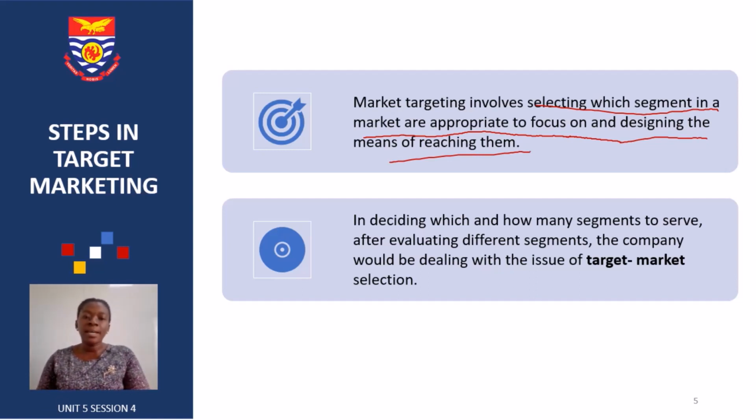We mentioned the target market first, where you identify the various market segments and see which ones you want to work with. But over here, we want to go further and do the market targeting. This is the segment we want to work with, and we're going to focus on it and design a means of reaching these people. In deciding which or how many segments to serve, after you've done this evaluation, you should be able to deal with the issue of target market selection.